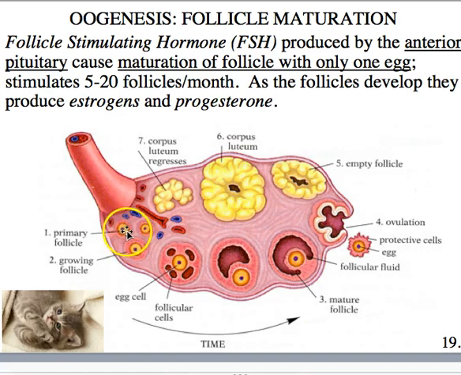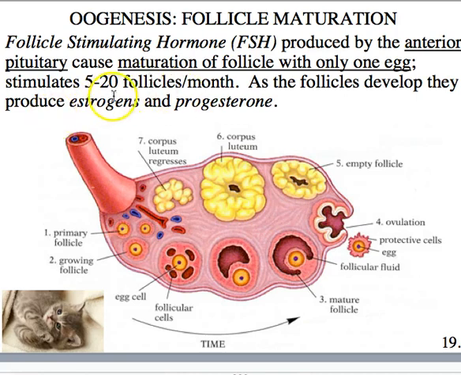If we start with a follicle, the follicle stimulating hormone, guess what that was named for, is produced by the pituitary, just like in males. In males it causes spermatogenesis, the production of sperm. In females it causes one specific follicle, and actually it stimulates between 5 and 20 follicles a month, but we'd like to think about it as just one.